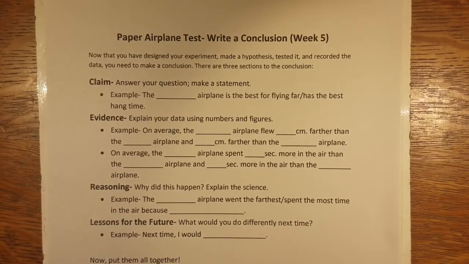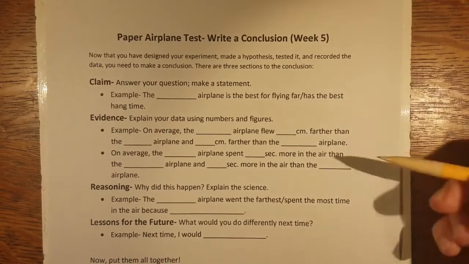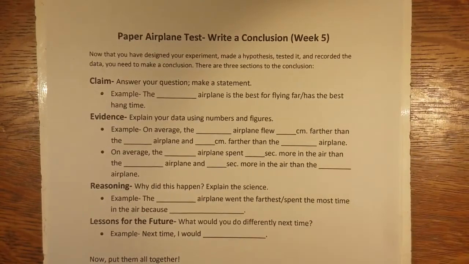Then we need our evidence. We need to share or explain our data using numbers and figures. So we made this beautiful graph. We calculated a bunch of stuff. Now we need to share all of that information that we found. So here are two different examples based on whatever you tested.